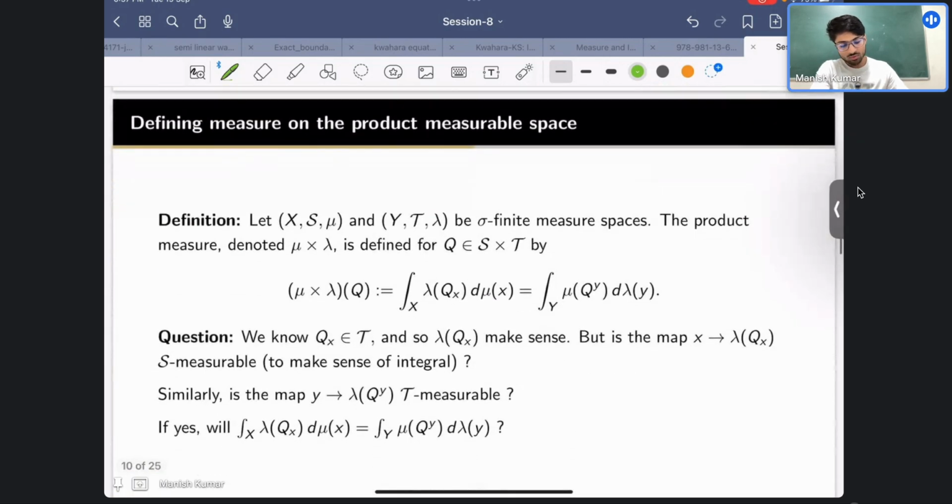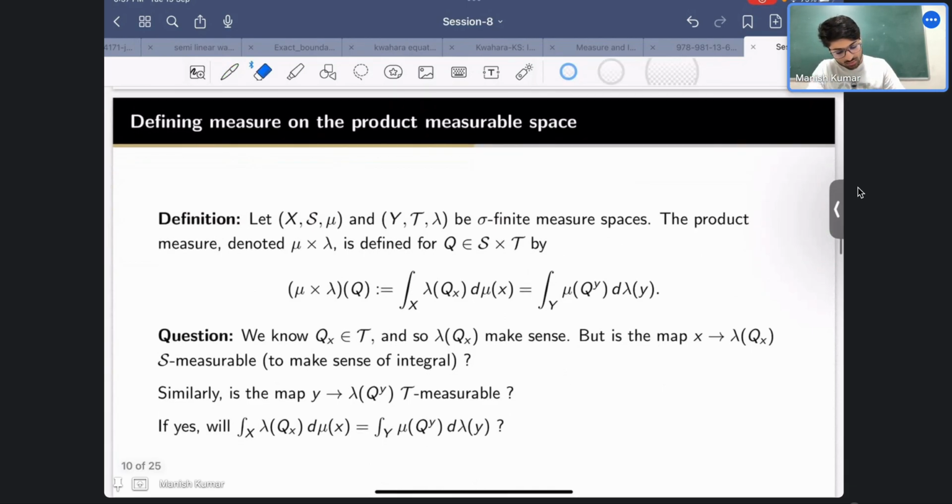Now the time comes to define the product measure. You have this set X cross Y, and from here you define the sigma algebra S cross T. The pair (X cross Y, S cross T) is a measurable space.